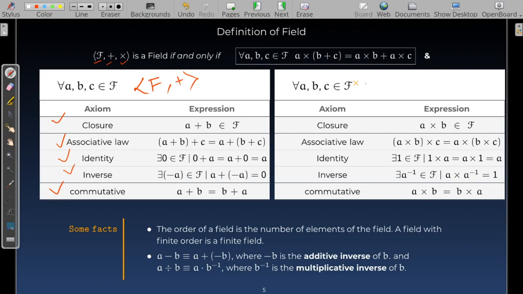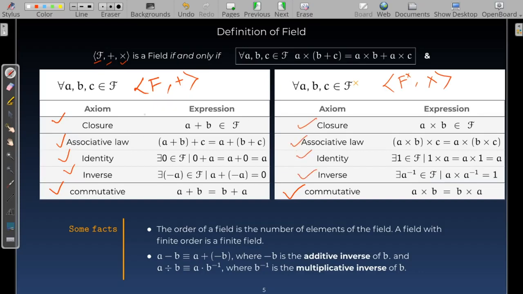And the non-zero elements of F together with the operation multiplication, so F cross means basically the non-zero elements of F, should also form a commutative group. So it means that there must be closure, associativity, identity and inverse.